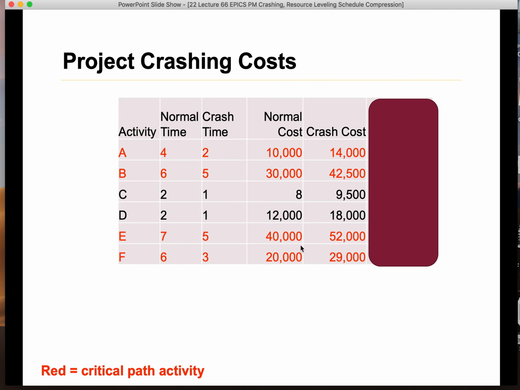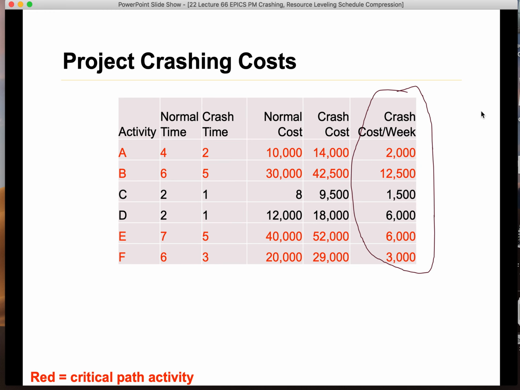Okay, then how do I decide which one to crash? Then I want to open up one more column for you, which is crash cost per week. Okay, so I am crashing 2 weeks in activity A. It costs me 14 minus 10, which is 4,000, divided by 2 is 2,000.